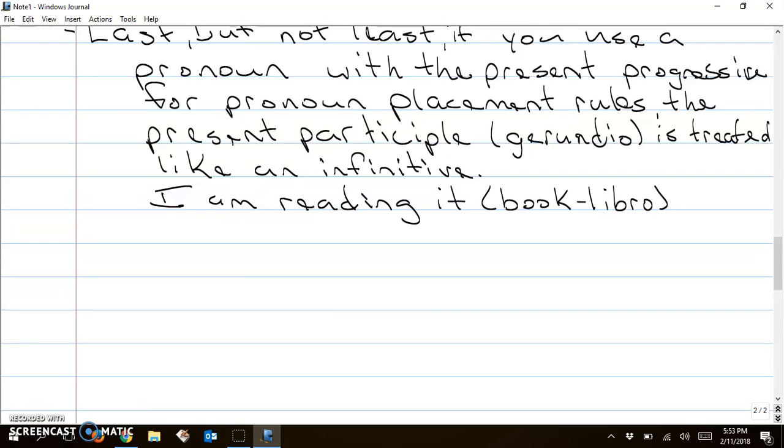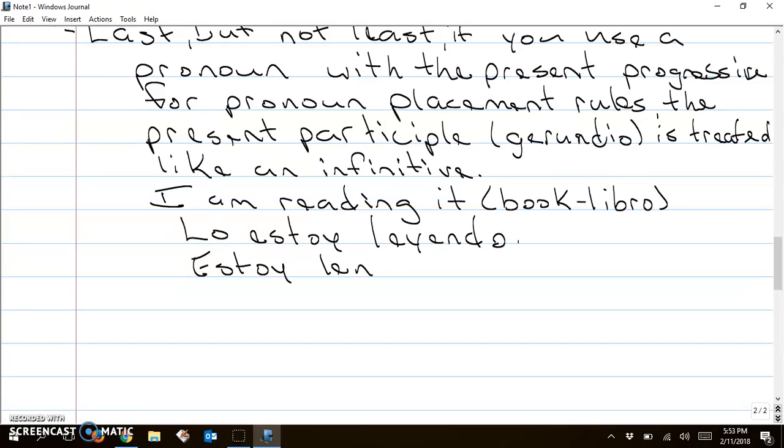It being book, libro, direct object, lo estoy leyendo, or estoy, that should be a Y, leyendo lo. It can go before the conjugated verb estar, or estoy in this case, or it can attach to the present participle form, leyendo.